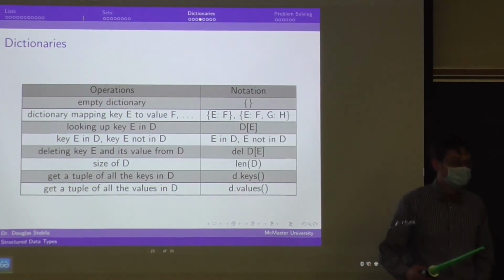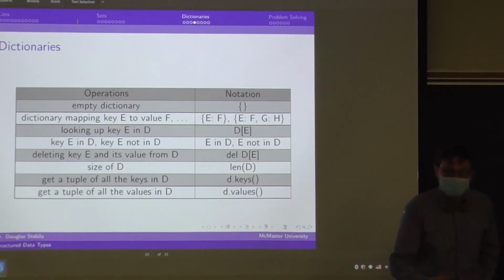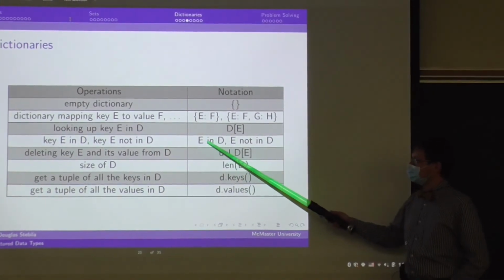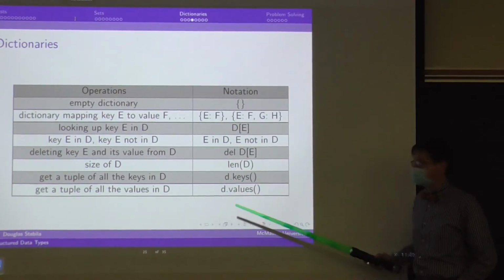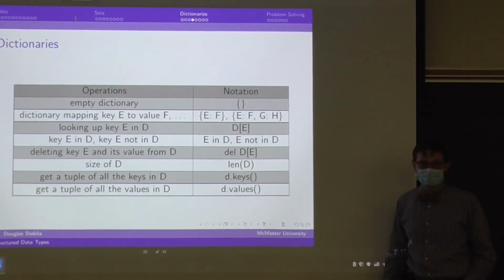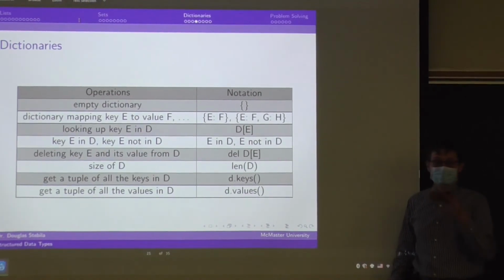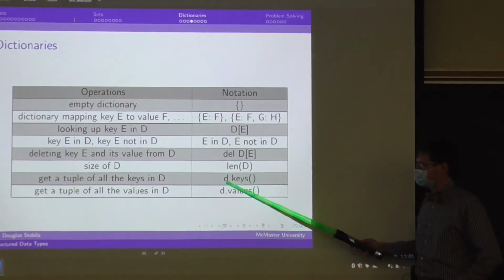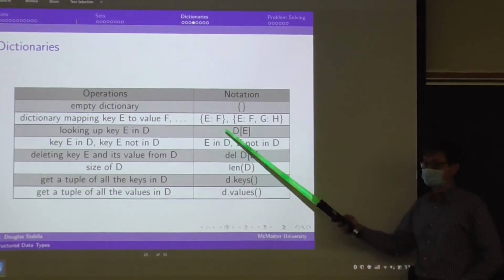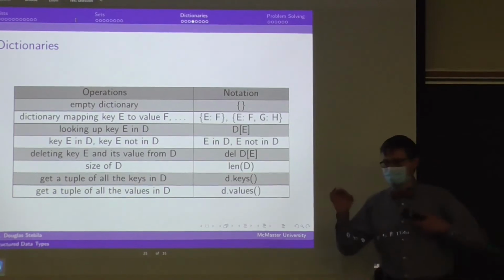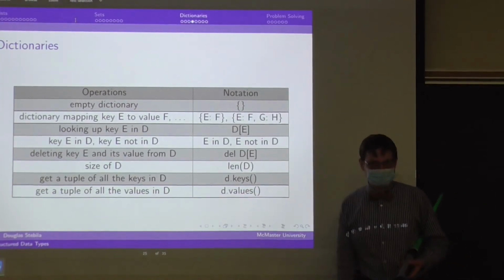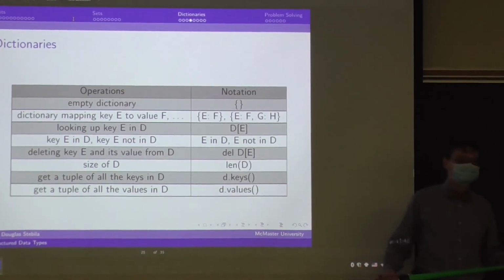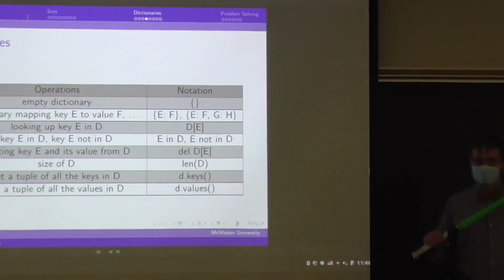So, if you want to check to see if something is in the values rather than in the keys, you just search E in D.values, not just D. I find it a bit self-documenting to say explicitly D.keys or D.values in these types of operations, because it makes clear what you're doing, but you don't have to use this one because it's the default here. Make sense? Good.